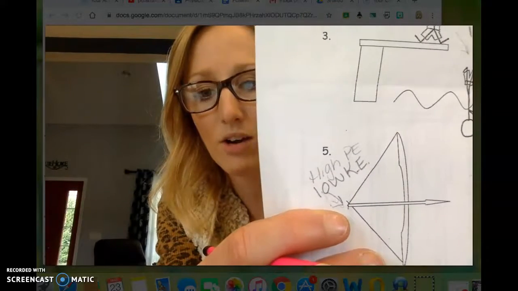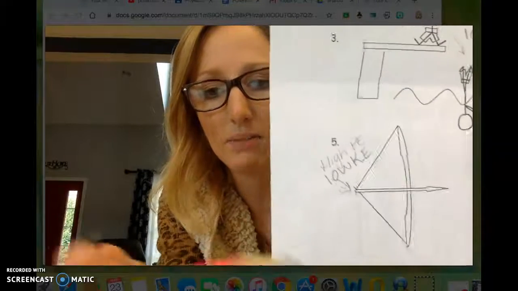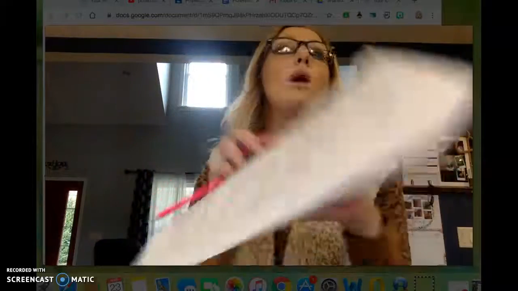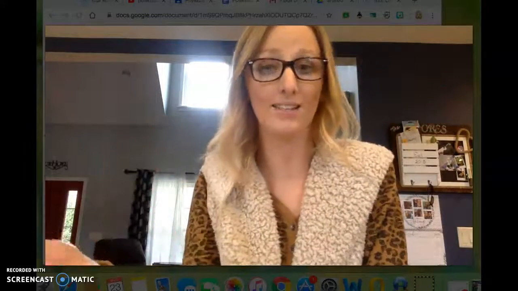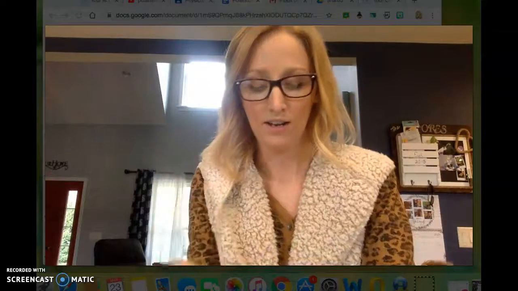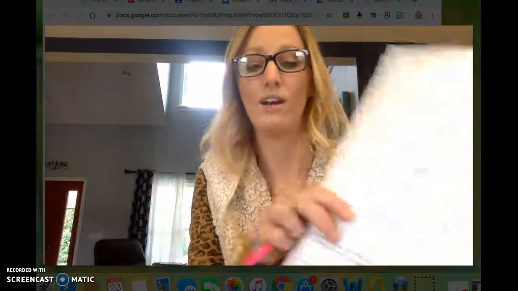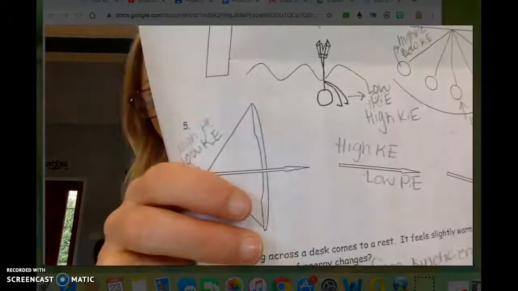So I drew my arrow right to the tip of that. I'm sure you could draw it anywhere on here and it would be fine. Okay, but once that arrow is released, it is moving. All of that energy is being transferred. So it's going to have a very high kinetic energy and a very low potential energy.